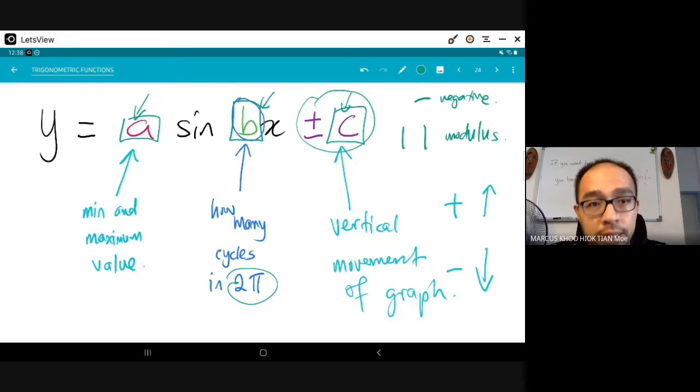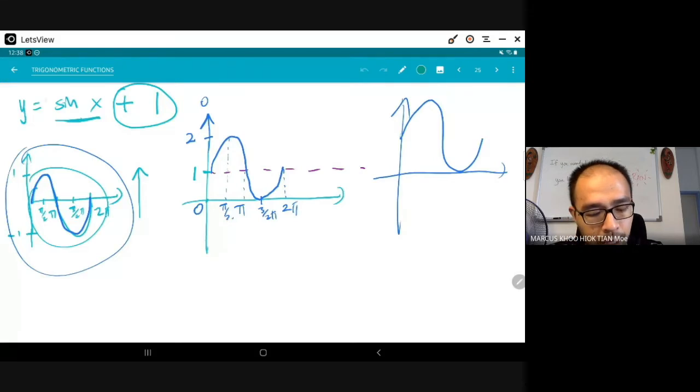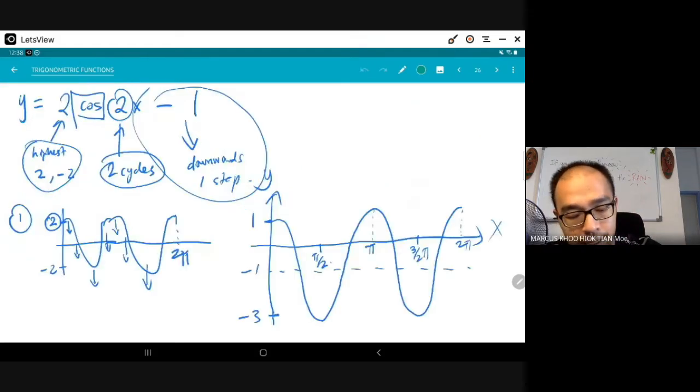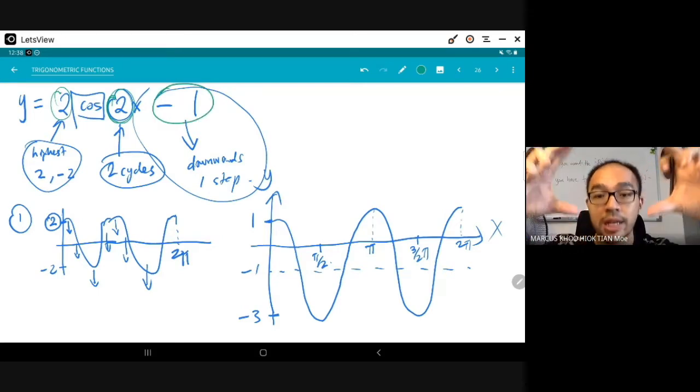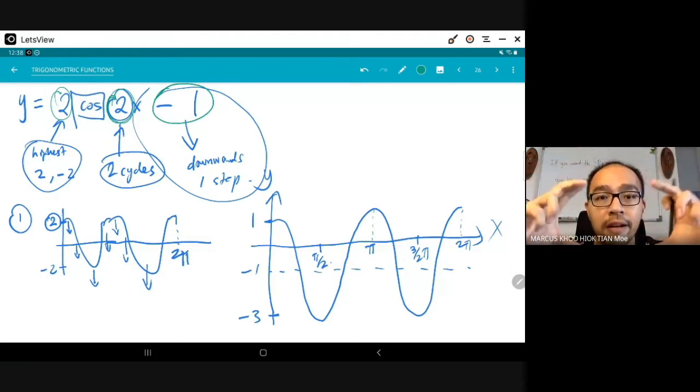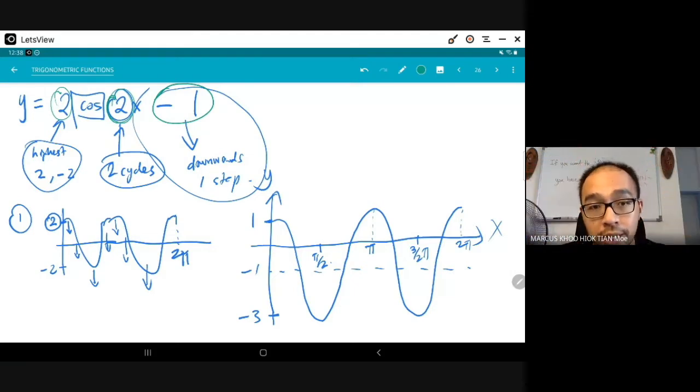Start first with the letter A. Mark the highest and the lowest number, and then draw the basic shape according to how many cycles there are. If there are 2 cycles, you draw 2 cycles. Then get the highest and lowest, 2 and -2, and only then do you move the graph vertically upwards or downwards, depending on what it asks.